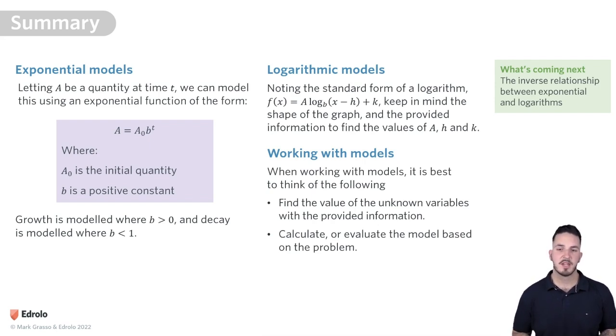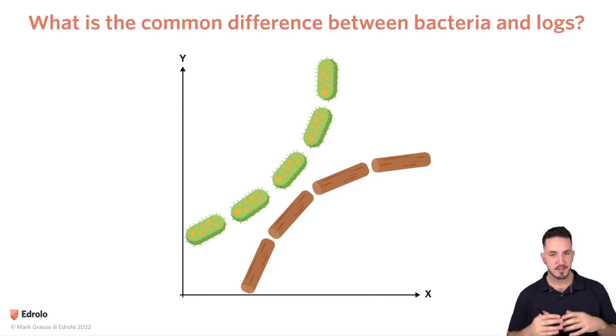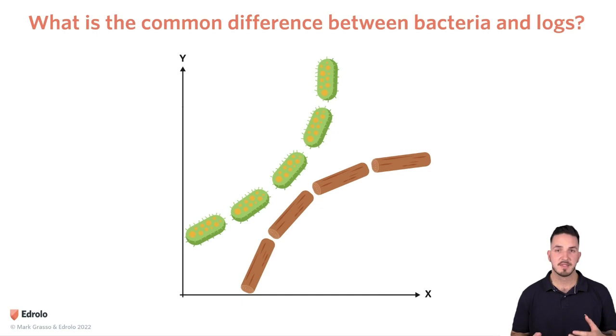In our next lesson, we're going to be looking at the inverse relationship between exponentials and logarithmic functions. So hopefully by now you know what is the common difference between bacteria and logs, and you've seen this in one of the previous lessons. But if you haven't or you can't recall what that is, essentially the common difference between bacteria and logarithms is that bacteria grows exponentially, whereas logs, in this case, don't actually grow logarithmically.